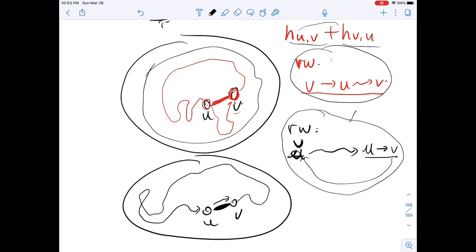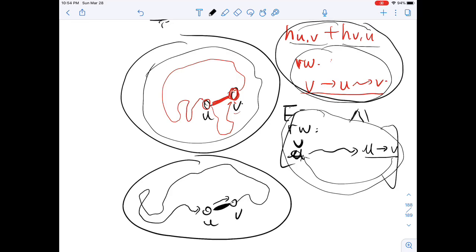I have a stricter requirement on the type of random walk I'm looking for, and it's only one possible way of moving from V to U and back to V. That means the expected time here is at least as large as the expected time of HUV plus HVU.